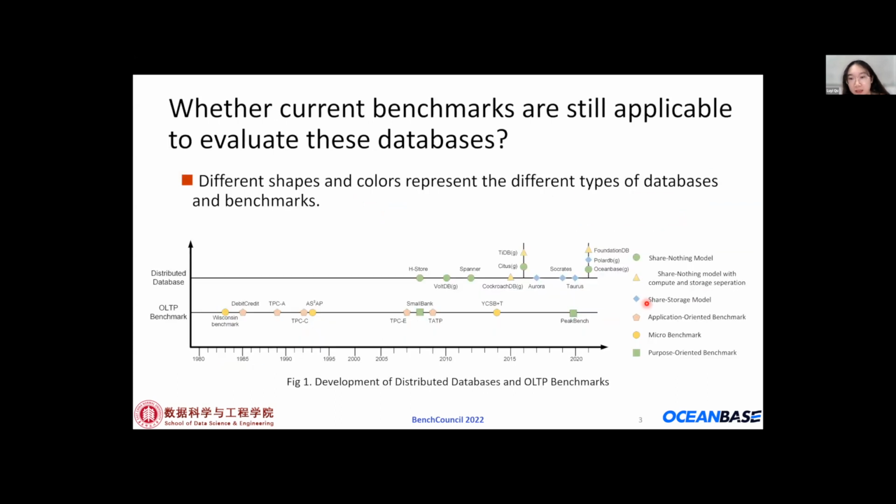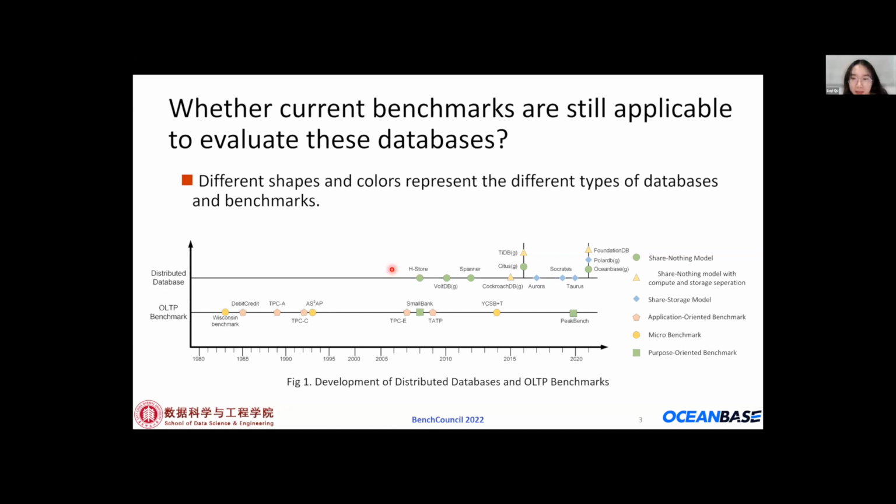We need to consider the ability of the current transactional benchmarks to support the existing databases as we face the increase of data and an increasing number of distributed transactional databases. And here we arrange these databases and existing transactional benchmarks according to the chronological order.